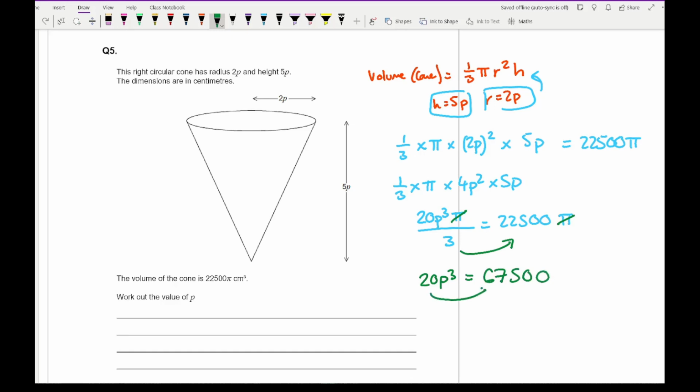I can then take the 20 over to the other side, so I end up with p cubed equals 67500 divided by 20 equals 3375. So p equals the cube root of 3375. Typing that into my calculator gives me an answer of 15, and it's going to be in centimeters.